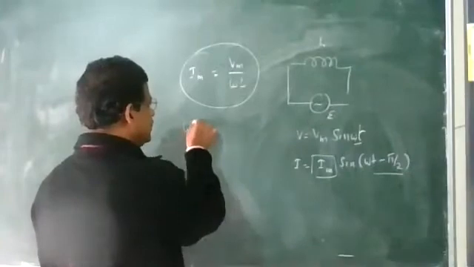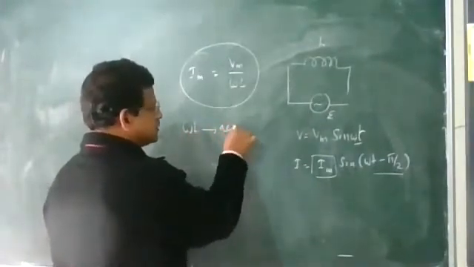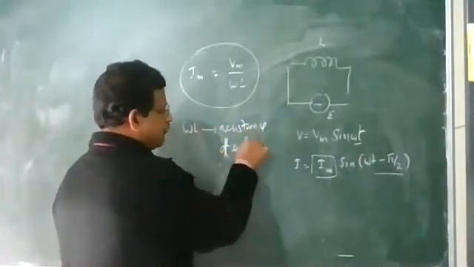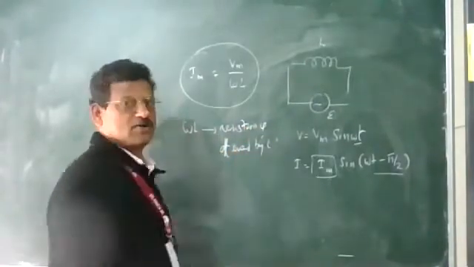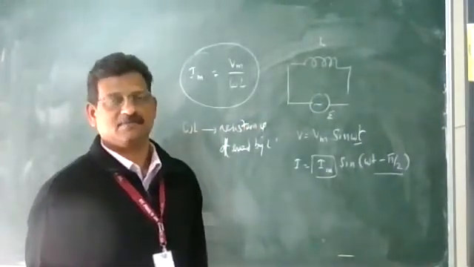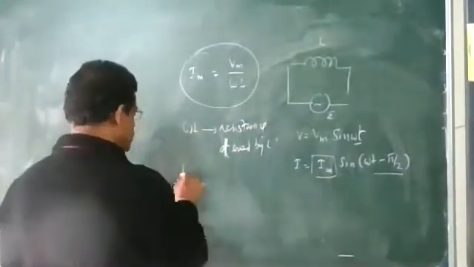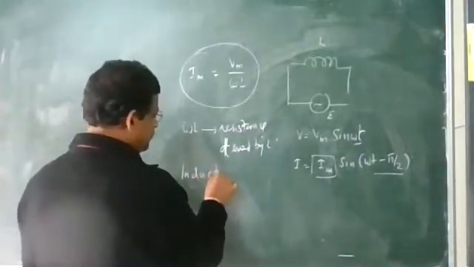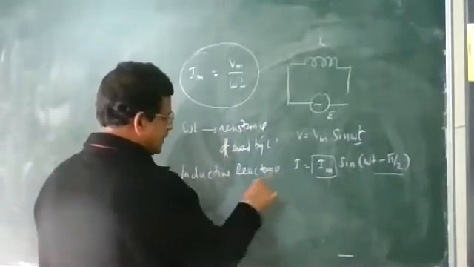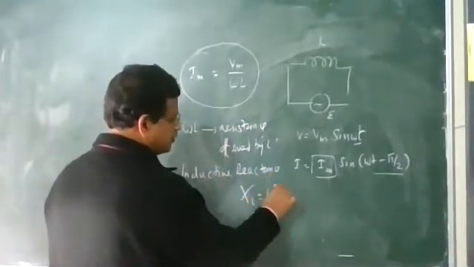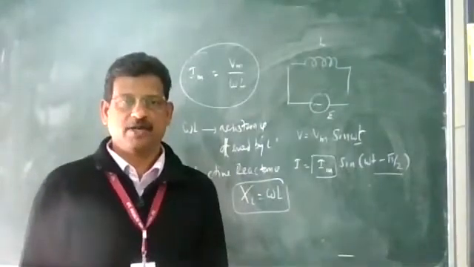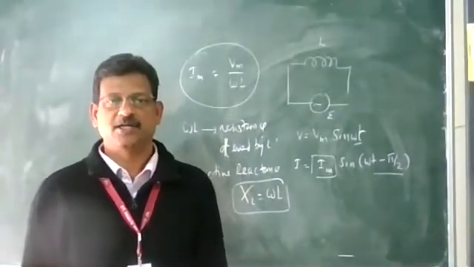So omega L is the resistance offered by the inductor, and it is known as inductive reactance. Very important. Inductive reactance XL is equal to omega L. One more question: what is the resistance offered by the inductor to AC?